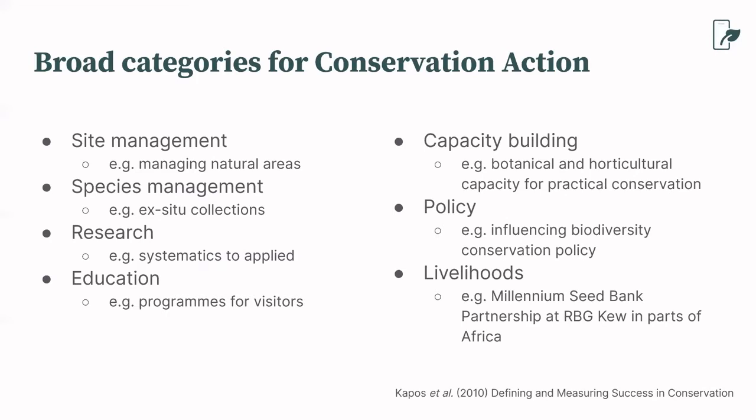It might be that gardens have a role in managing sites, so managing areas around the world. They might have a role in managing particular species, and of course that's through ex situ collections and specific garden collections, basically. Also, it might be through research.